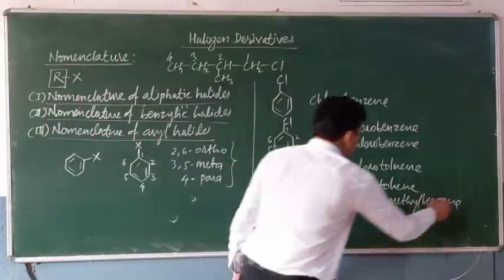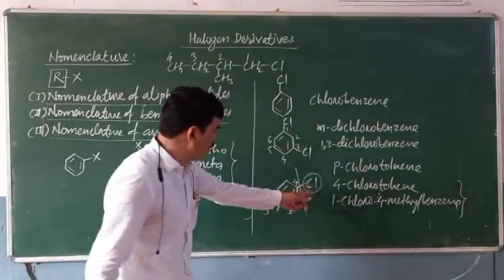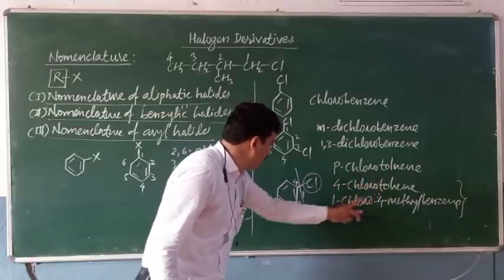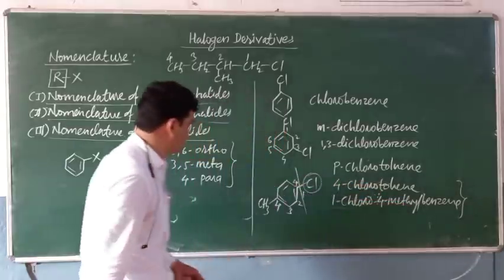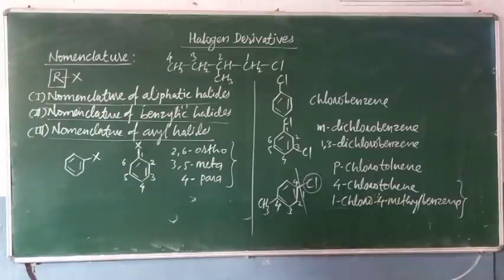So you can write the IUPAC name of this compound in both these ways: 4-chlorotoluene or 1-chloro-4-methylbenzene. In this way, we can decide the IUPAC names and common names of the aryl halides.